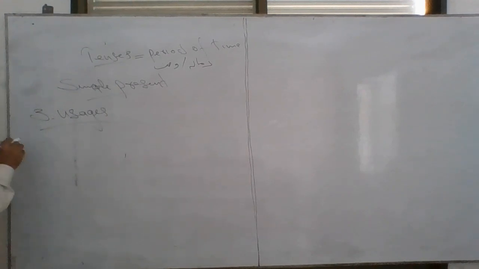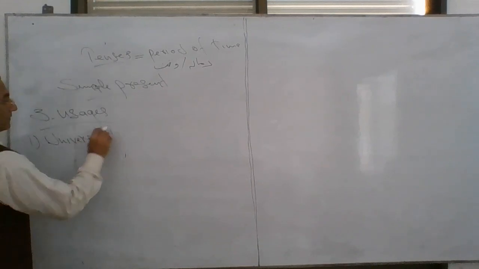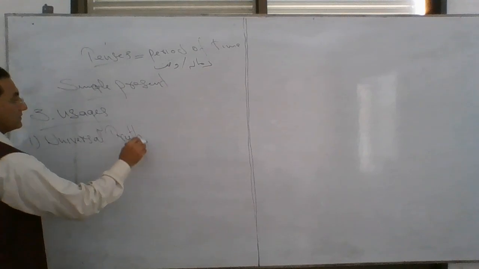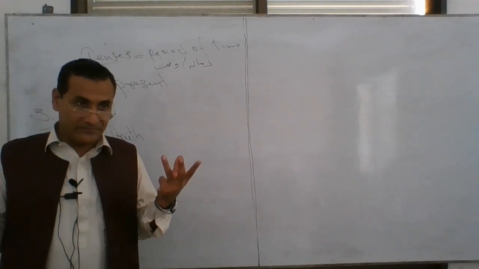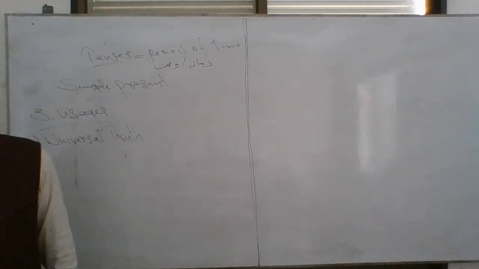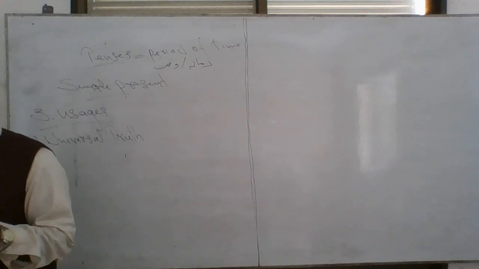Number one, that is universal truth. Now, universal truth, for example, the sun is a star. That is something universally accepted, that the sun is a star, for example.